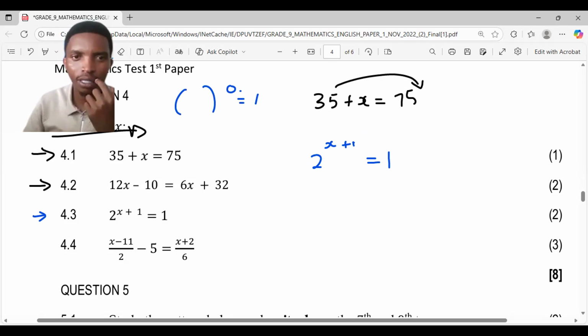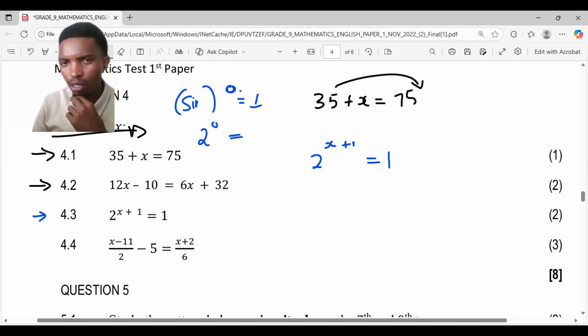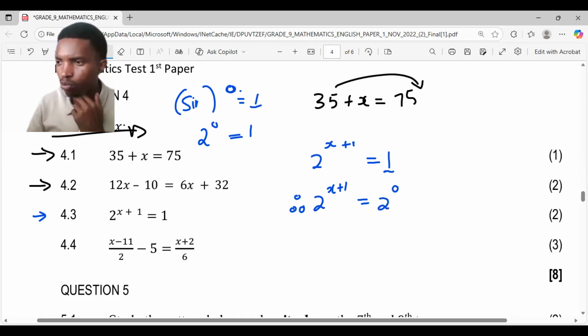If I say 2 is an exponent of 0, how much is it going to give me? 1. So now, instead of me writing 1, I can write 2 with an exponent of 0, because I know 2 to the exponent of 0 is going to give me 1.